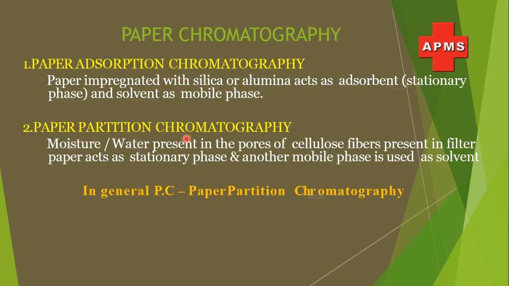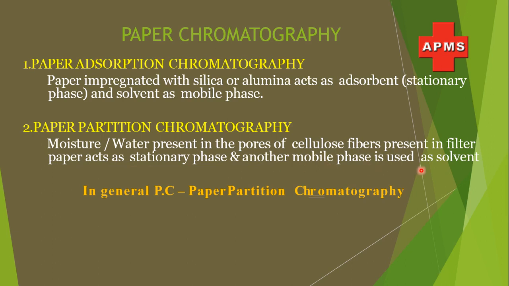But in the case of partition chromatography, the moisture or water which is present in the pores of the paper, which is made up of cellulose fibers, works as the liquid stationary phase, where the partition actually takes place between the mobile phase and this water stationary phase.